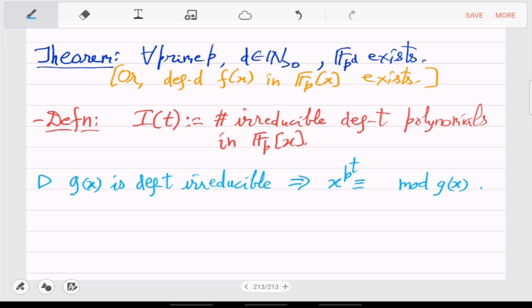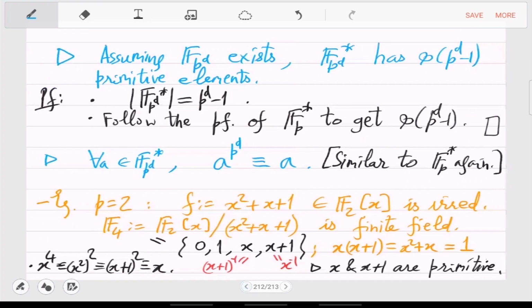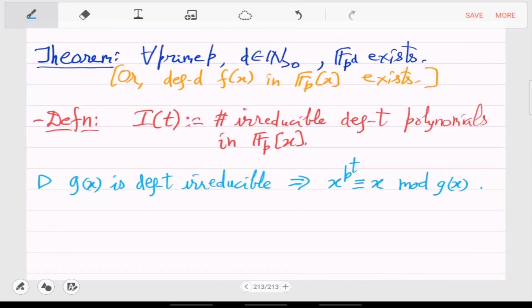Why is it x? Yeah, so this is actually just a rehashing of this second blue property. When irreducible G exists, you get the finite field p to the t, right? And x is an element there. So x to the p to the t will be x. That is the proof. You just have to invoke that property.